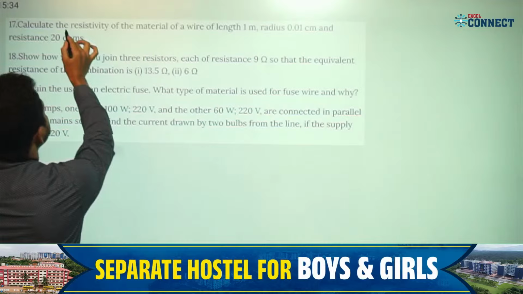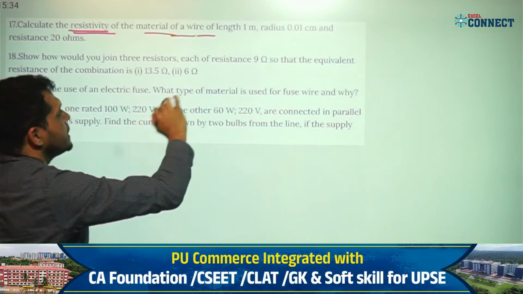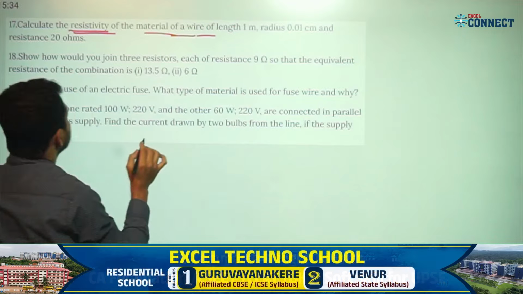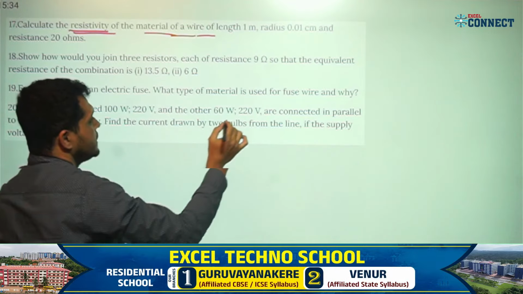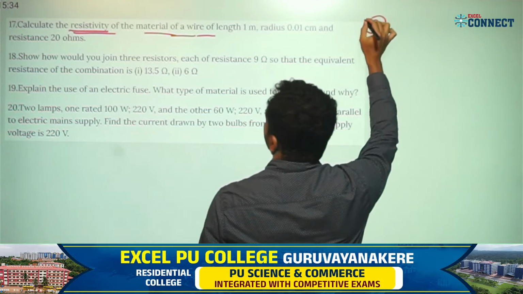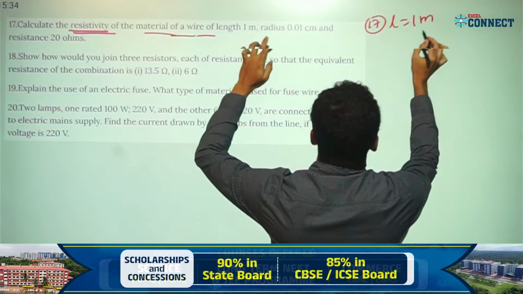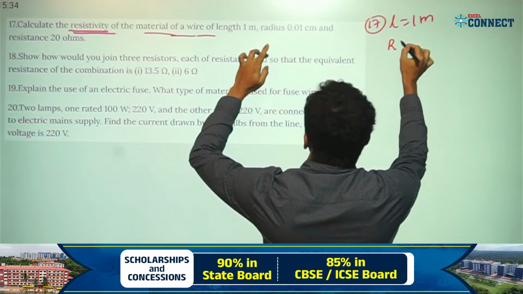Calculate the resistivity of the material of a wire. Question number 17. Length of the wire is given, L is 1 meter, and radius is given.